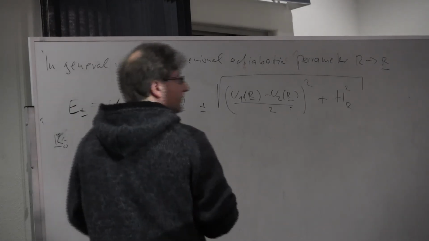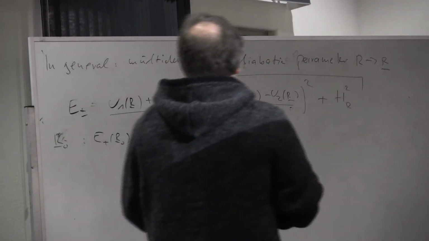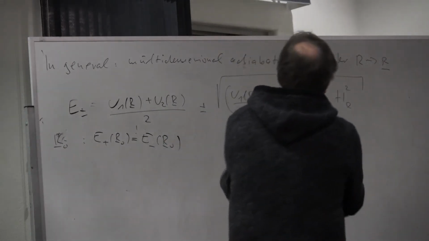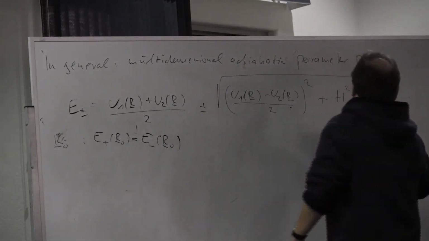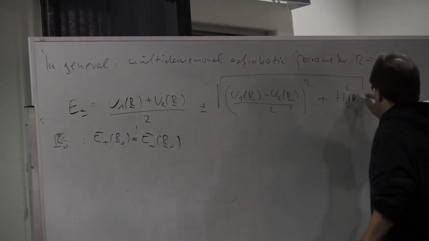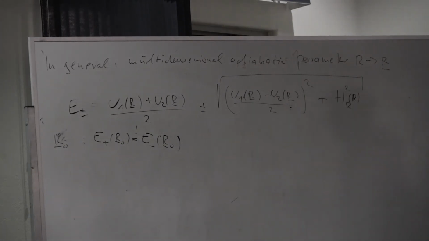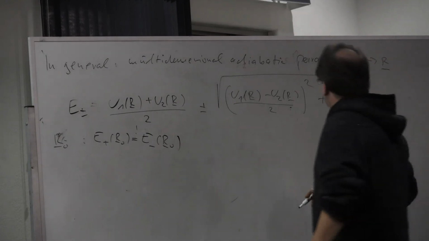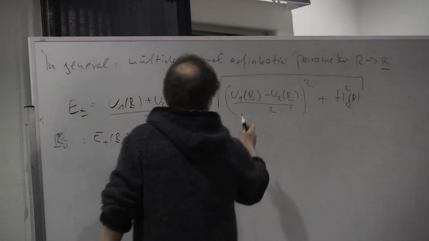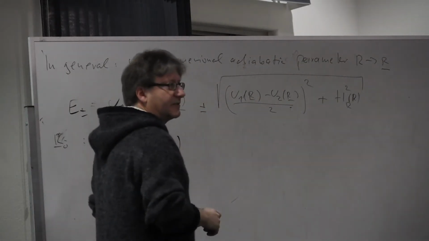So this needs to be proven. What do we need for that? Well, we need to simultaneously have, and now I should say, of course, we make this also in general R dependent. That's the general situation. So what we need to fulfill is that simultaneously the whole square root vanishes, right?